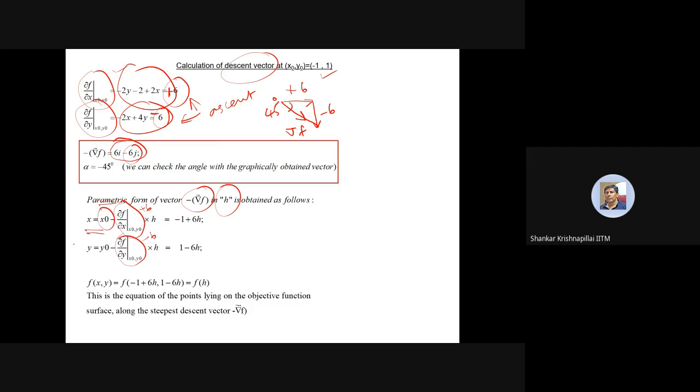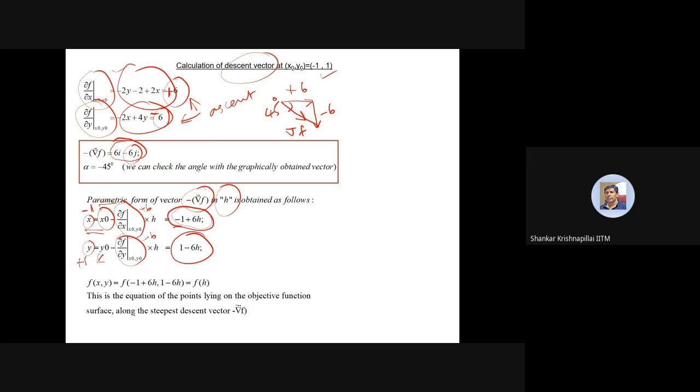X naught is minus 1 and y naught is plus 1. If you do the simplification, you will get this equation. This is the parametric form of the gradient vector: x is equal to minus 1 plus 6h, y is equal to 1 minus 6h.